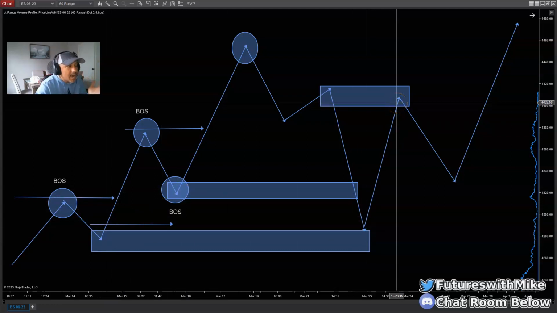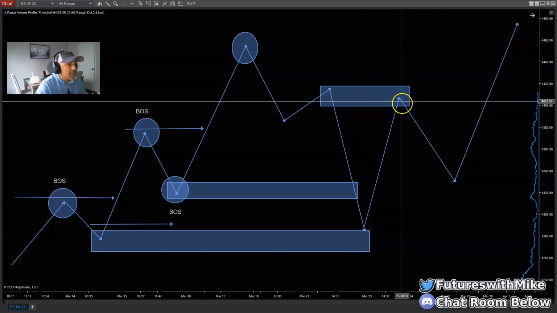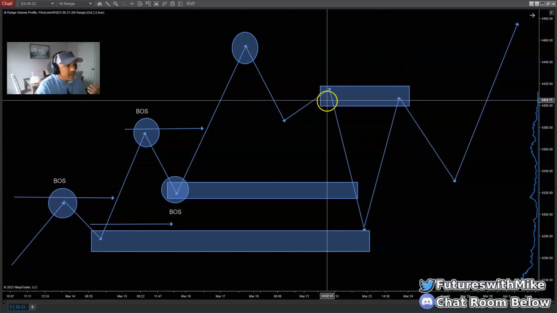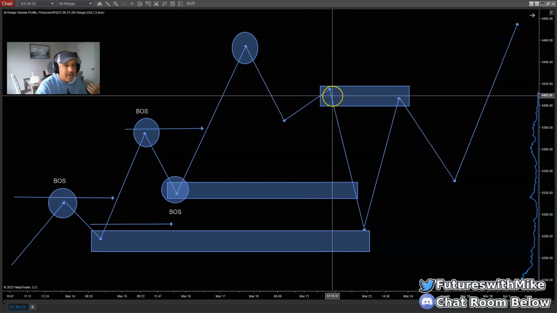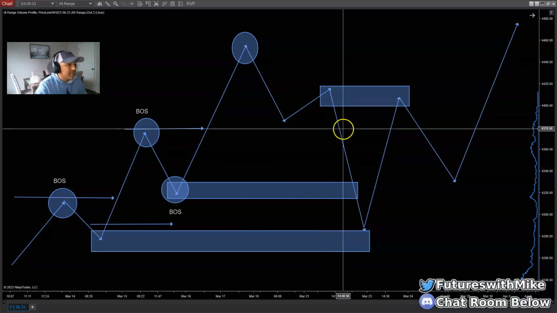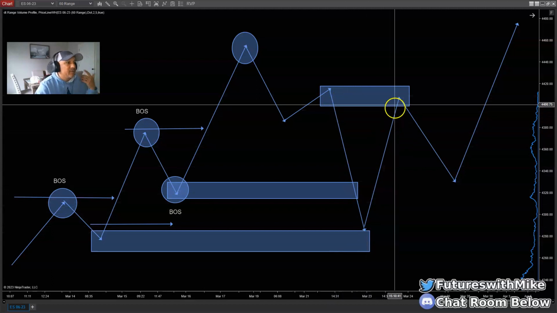Now it stops up here. Why? If price rejects here, you're going to want to take it back up to here, because this right here is now going to be a key area of supply. So what I'm trying to say is we can take the trade from an area of demand back up to an area of supply.